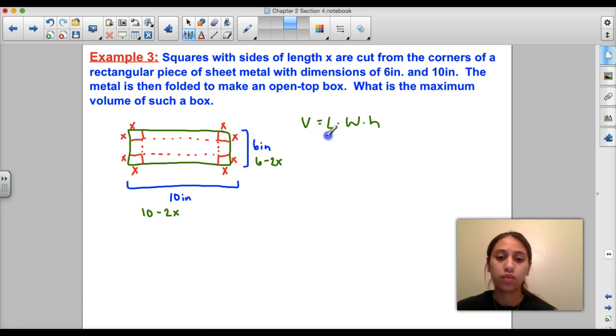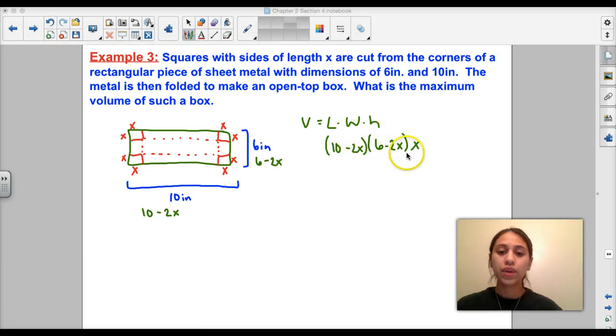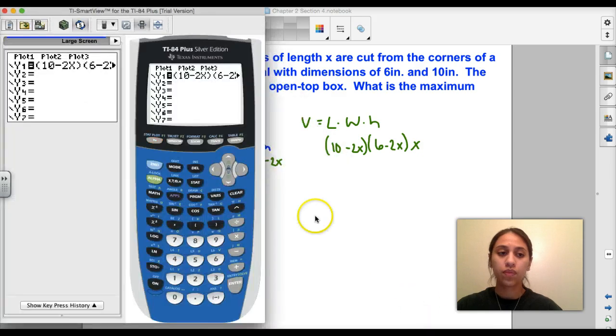So if we write that out, the length is 10 minus 2x. The width is this here, 6 minus 2x. And then the height is just x. This side here, if you fold it up, it would just be that x value. Okay, so now that we have an equation, we can go ahead and graph. So I went ahead and put in the y equals the equation that we have.